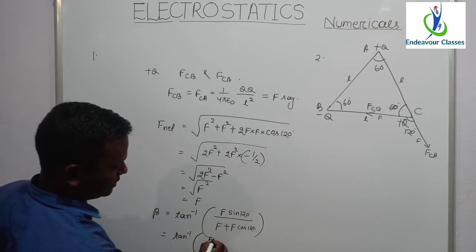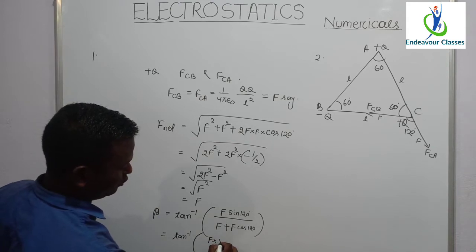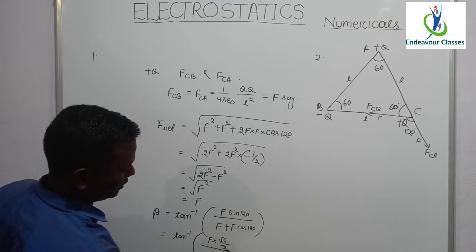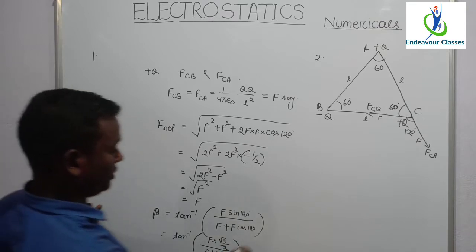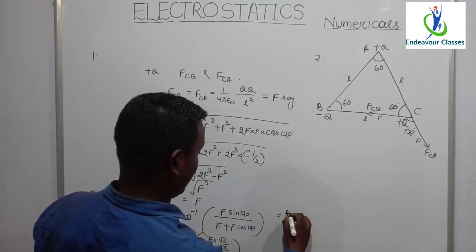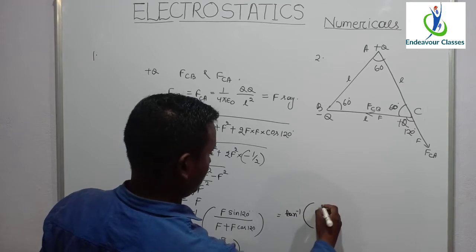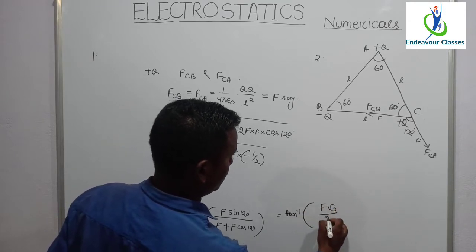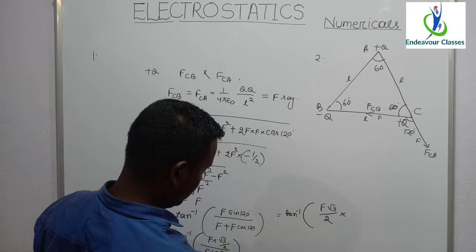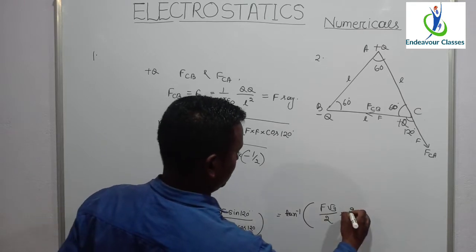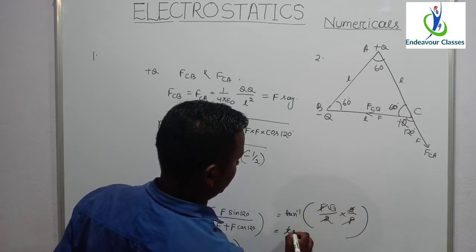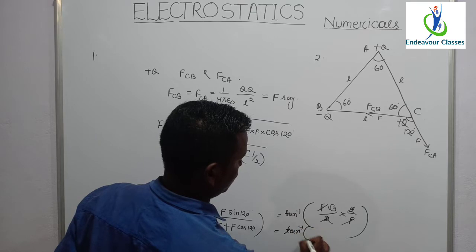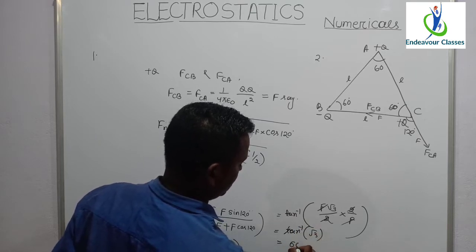Sin 120 degree is root 3 by 2, divided by F plus F cos 120 degree, which is minus 1 by 2. So that will be tan inverse of F root 3 by 2 divided by 2F minus F, that is F by 2. F will be cancelled, 2 will be cancelled, so it will be tan inverse root 3, which is equal to 60 degree.